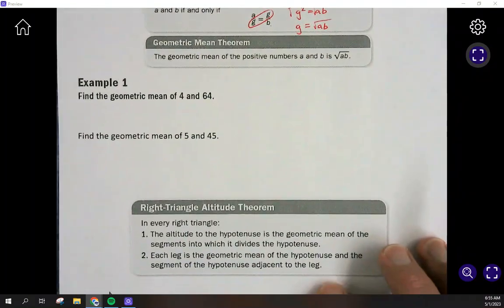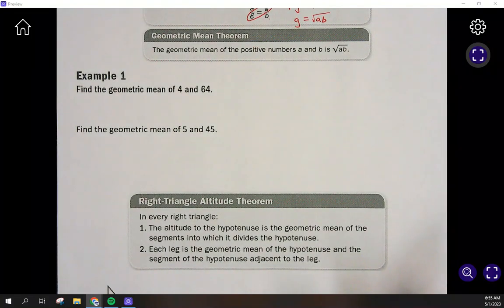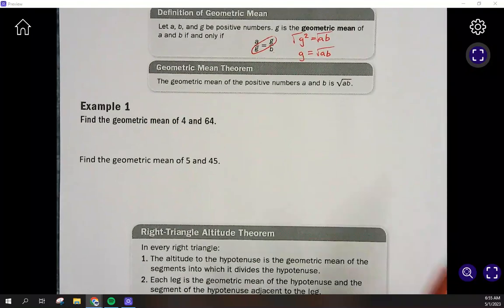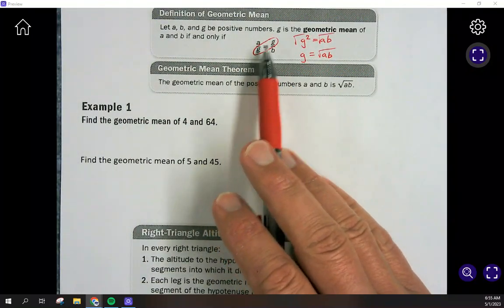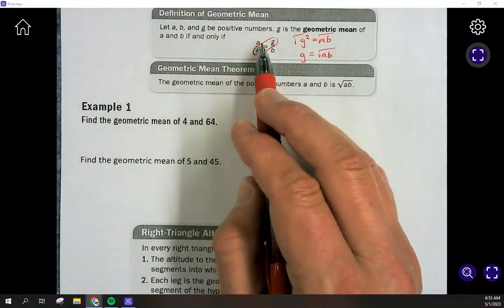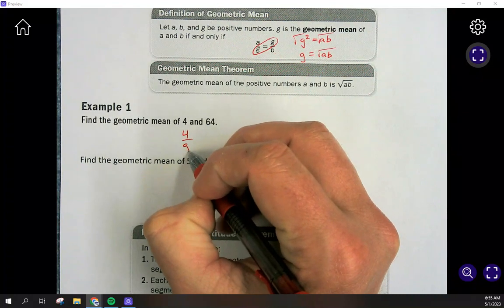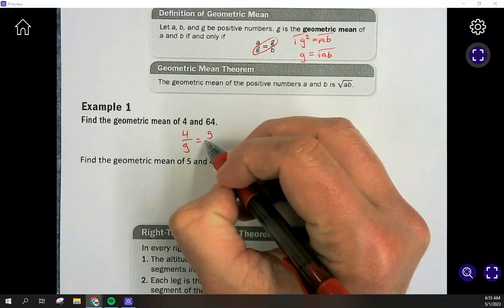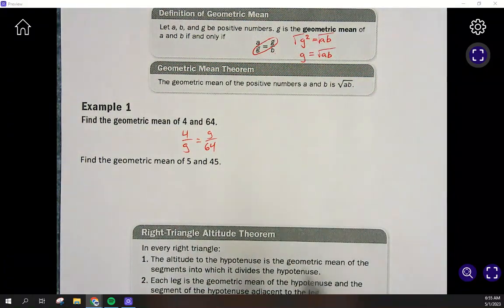So if I move down to my examples here, just real basics, find the geometric mean of 4 and 64. I'm going to go ahead and set up this relationship here and solve for the g being the geometric mean. So of 4 and 64, just like if it was a and b, 4 and 64 would go into these spots. So if I want to find the geometric mean of 4 and 64, I'm going to set it up like this, and I'm going to cross multiply.